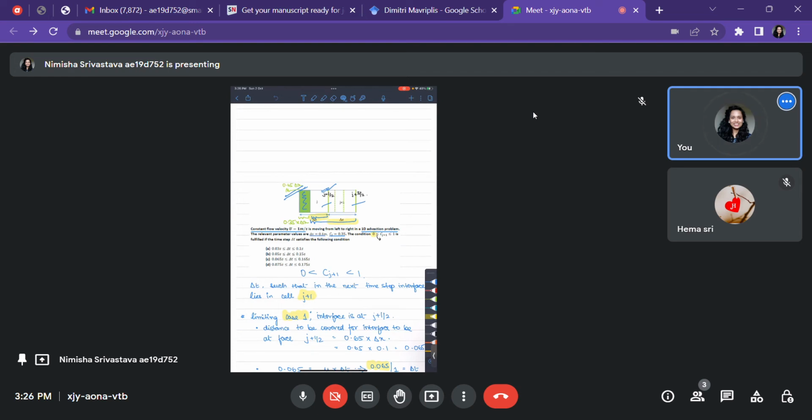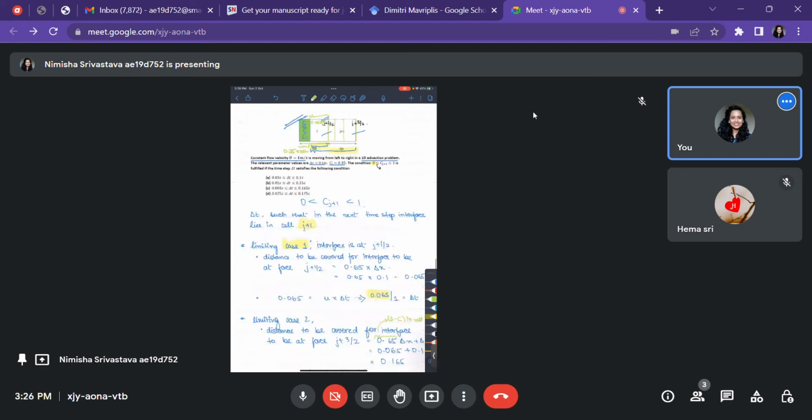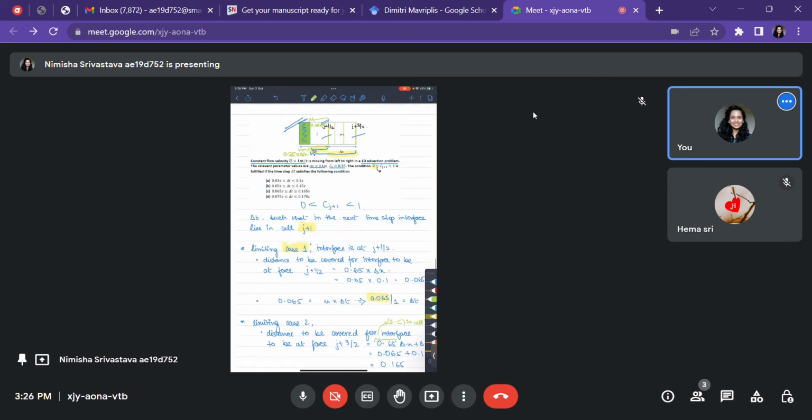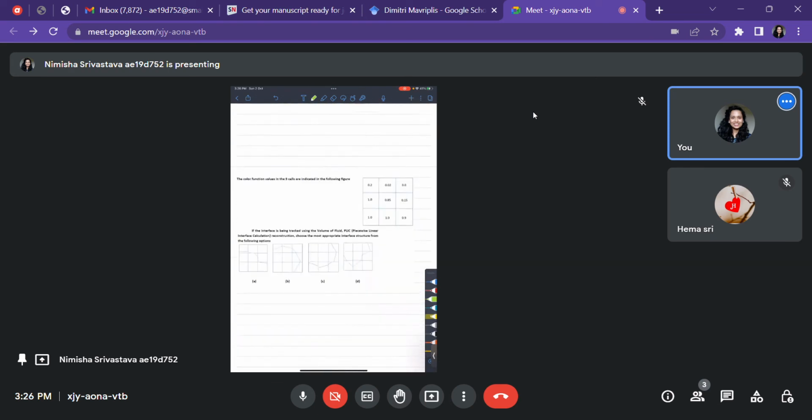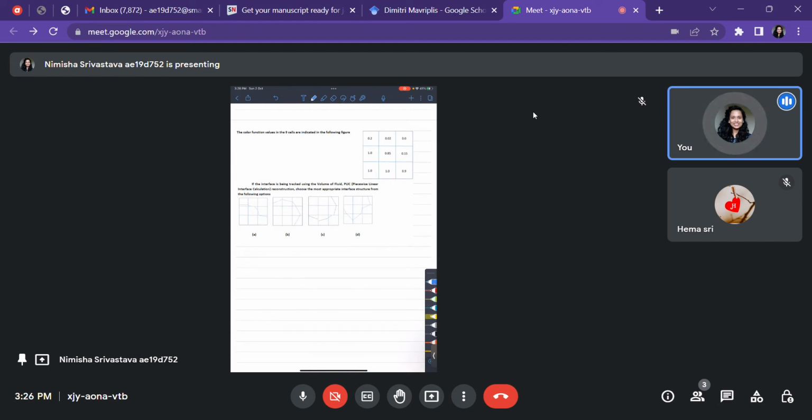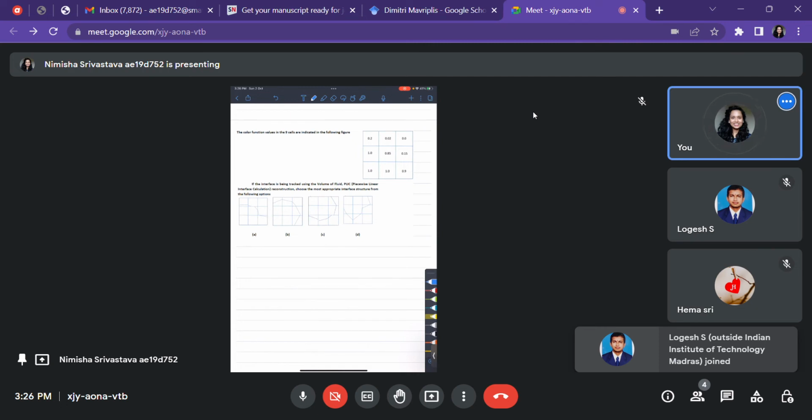Okay. So over here we are given the color function values for these 9 cells.